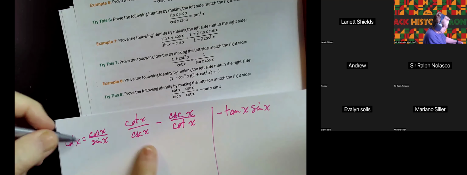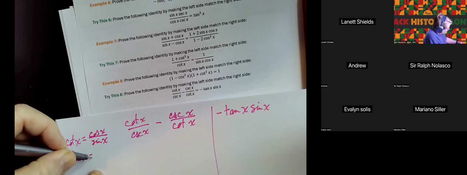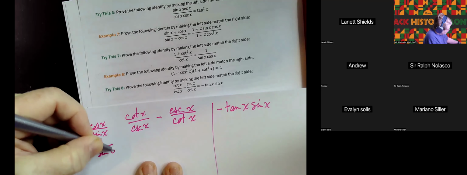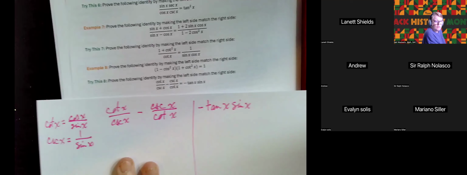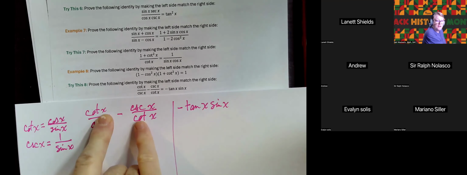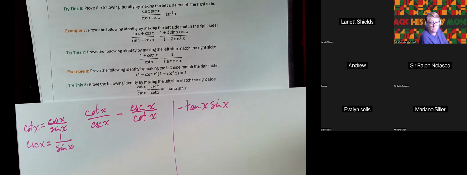Good. And since we're over here, what is cosecant x in terms of sines and cosines? One over sine. Good. So do you think it would behoove us to replace the cotangents with cosine over sine and the cosecants with 1 over sine?